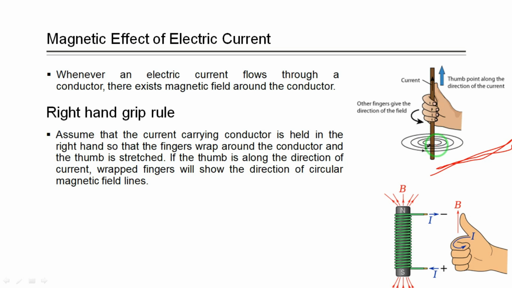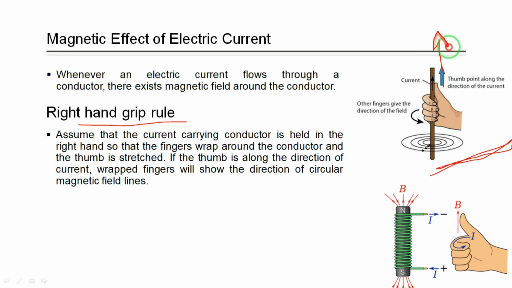But in which direction? That direction can be derived or defined by the right hand grip rule. This right hand grip rule gives the magnetic field direction based on the current direction. So now observe the top right diagram. When we fold the fingers and place a conductor between the fingers, then the current direction acts like the thumb direction.